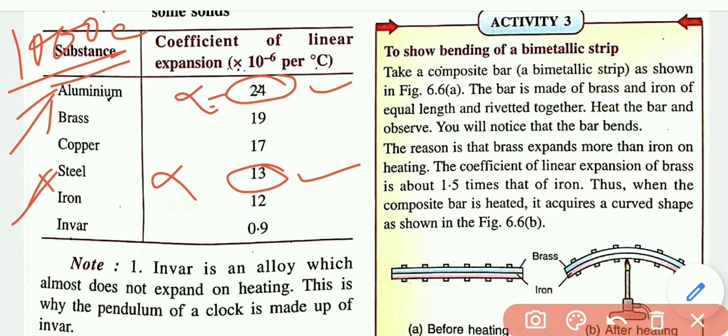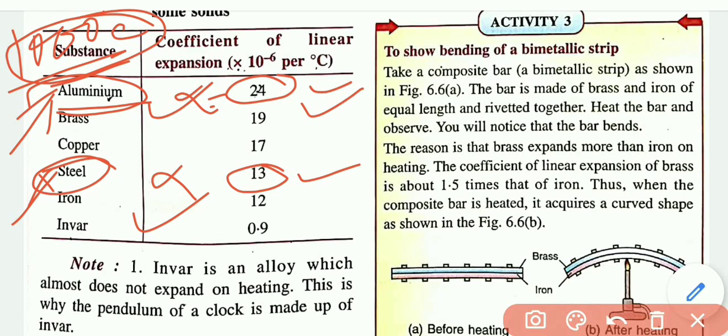By knowing the value of the coefficient of linear expansion, we can easily say which one will expand more. If the alpha value is more, it expands more at the same given temperature. So aluminium will expand more than steel, because its coefficient of linear expansion is more.